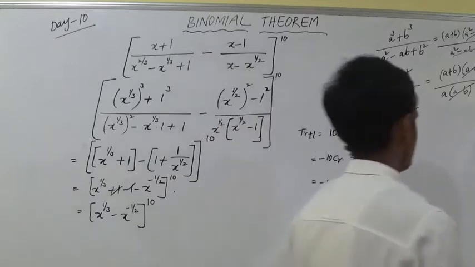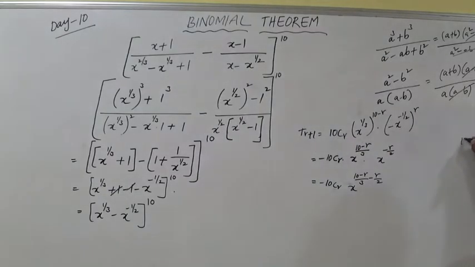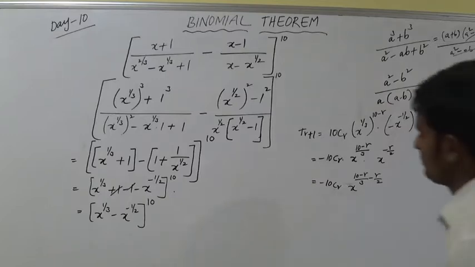We can simplify this. We can simplify 10 minus r by 3 minus r by 2. Simplify is like 20 minus 2r minus 3r by 6. That is 20 minus 5r by 6.